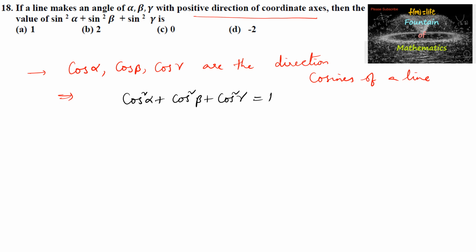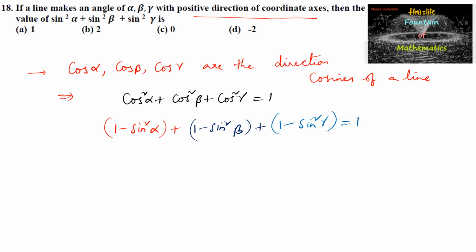Cos square alpha we can write as 1 minus sine square alpha, cos square beta we can write as 1 minus sine square beta, and cos square gamma we can write as 1 minus sine square gamma, which is equal to 1.